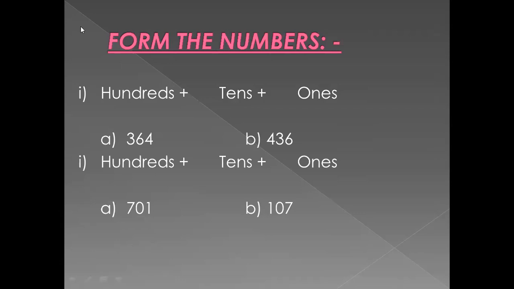See the next one. Here you have to form the numbers. Now we have 4 in ones place, 6 in tens place, and 3 in hundreds place. So what will be the number?